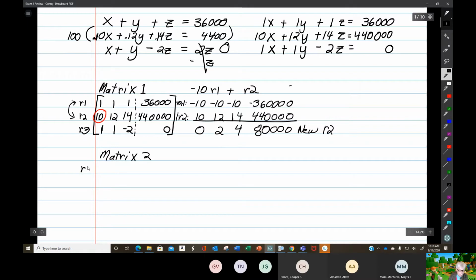I'll have R1, R2, R3, and I want to write this before I write anything else, just to make sure, 80,000, I don't forget. And I'll copy this the way it is, 1, 1, 1, 360,000.